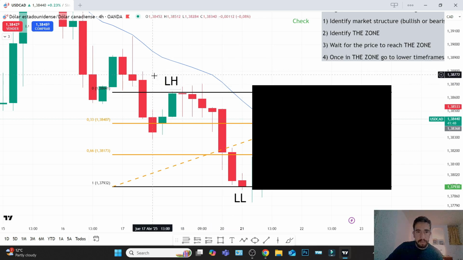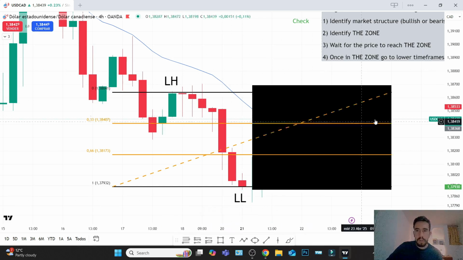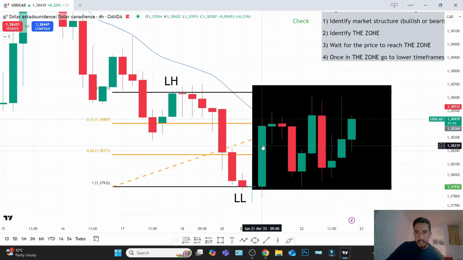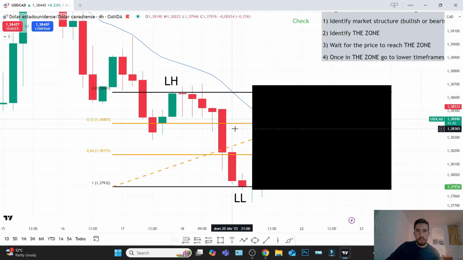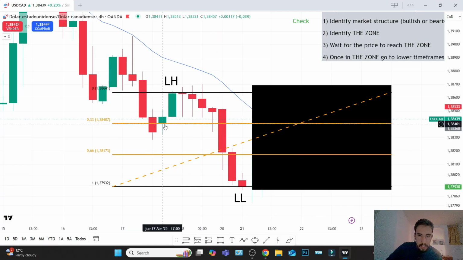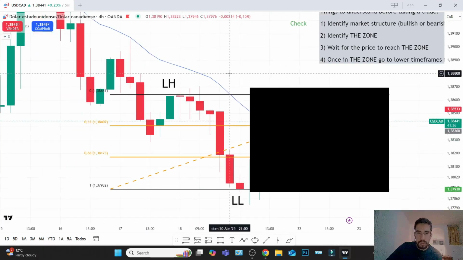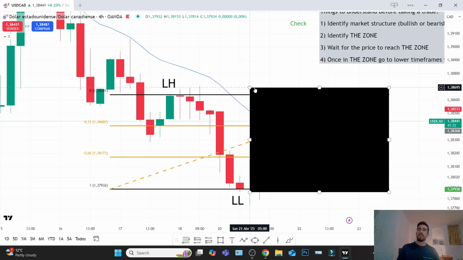But still, you have to identify the lower high, lower low, and the point is that you want the price to make a retracement to this area, which is called the zone. This is the zone. Normally, the strategy that I use, some people might like it, some people might not like it, but it's the way I can guarantee that I put the conditions to put a trade.